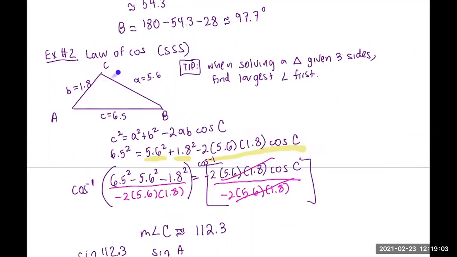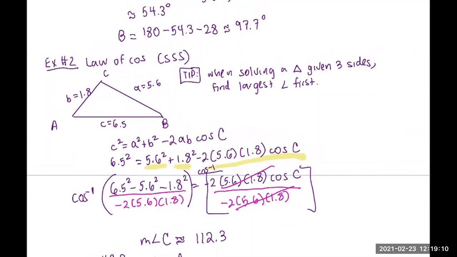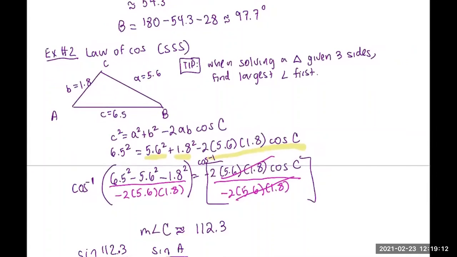So if I start there, that's going to be C. You mean cosine negative 1, this one? Yes. So you subtract 5.6 squared, subtract 1.8 squared, that's this. Then divide by all of that to isolate cosine of C. Order of operations: subtract the terms, divide by the factors.